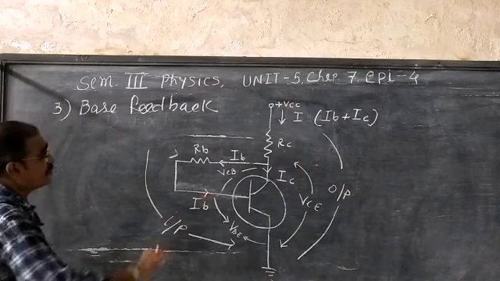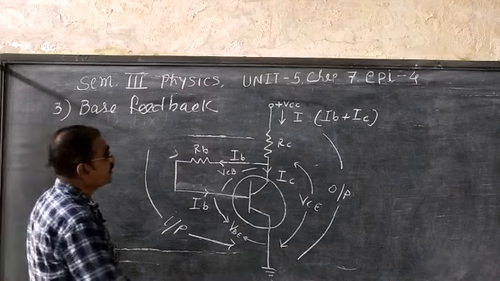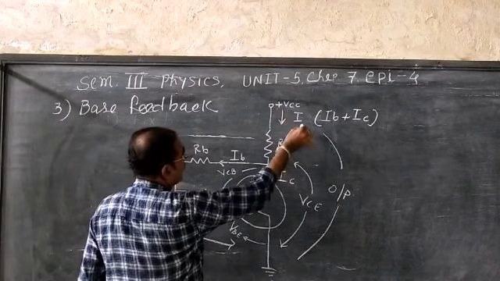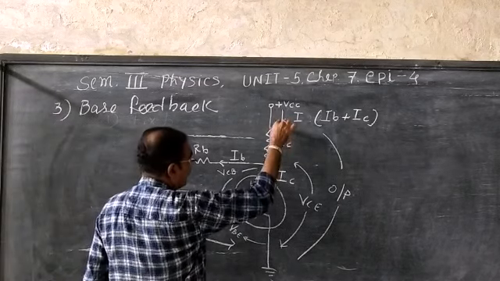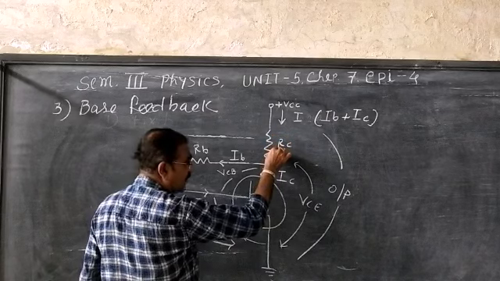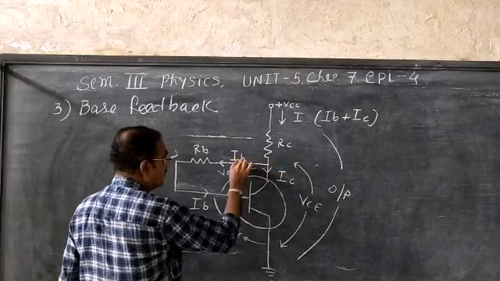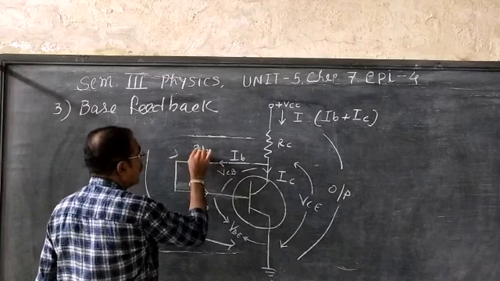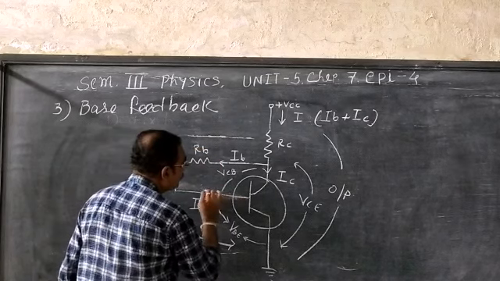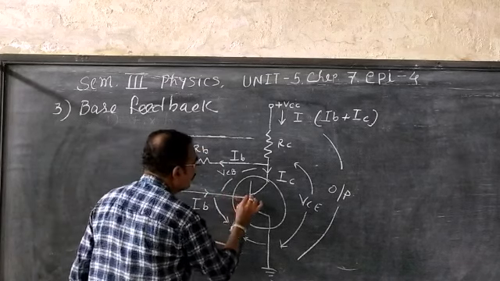So what is the status of the input? That current I, that means IB plus IC, is flowing through the RC. Then one branch becomes the IB current flowing through the RB and feeding back to the base.